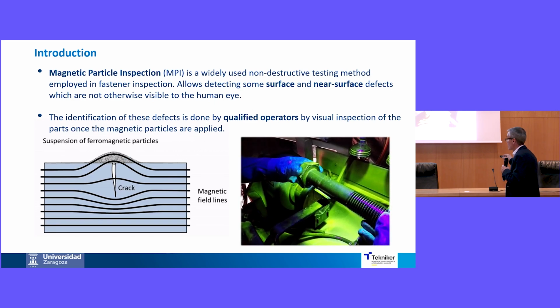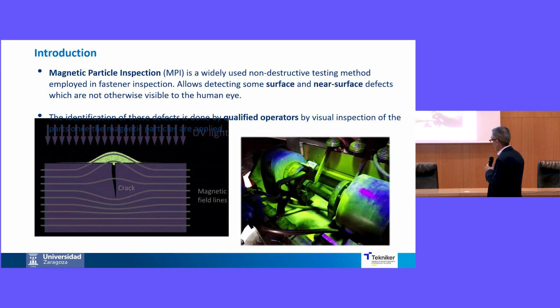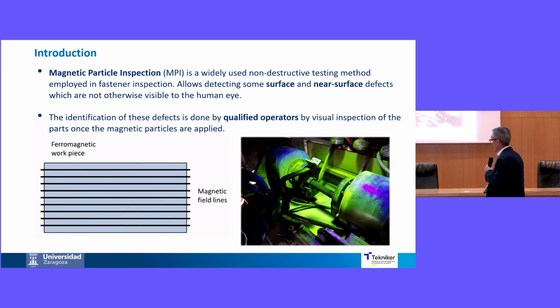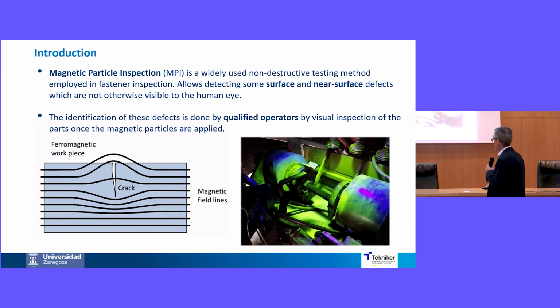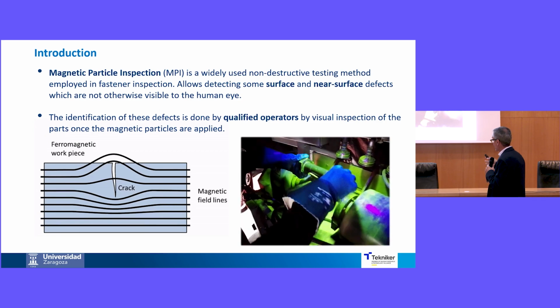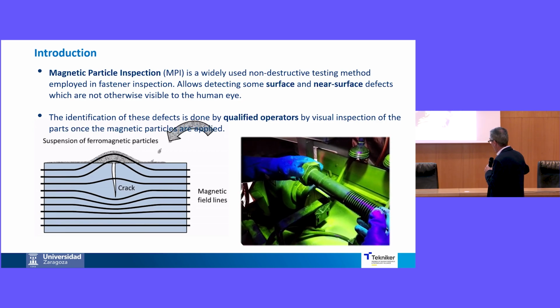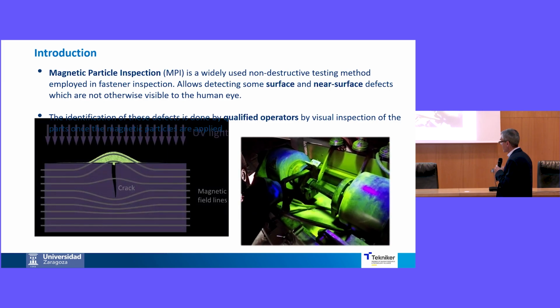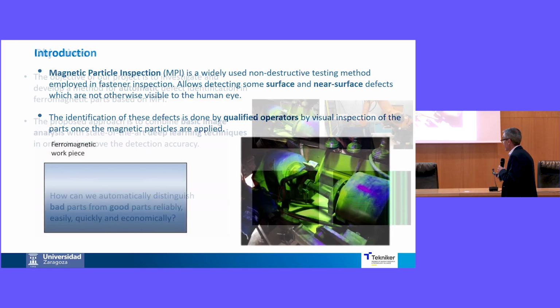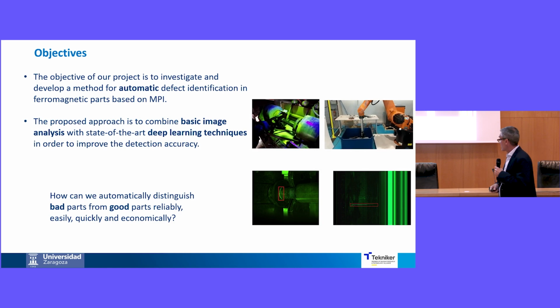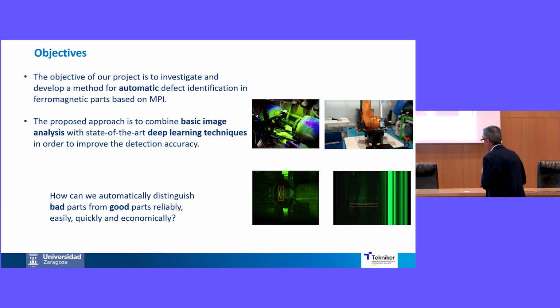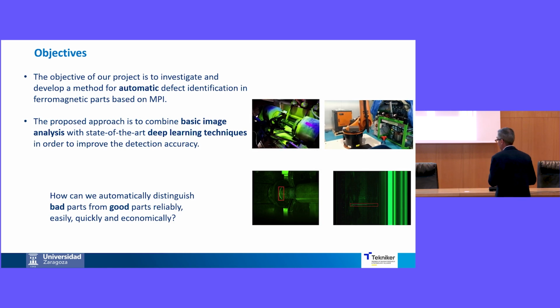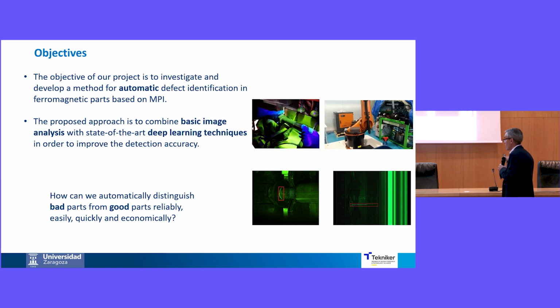We use suspended ferromagnetic particles and ultraviolet light, and you can see small cracks in the surface and even near the surface. So the objective of this PhD was to do that in an automatic way using computer vision and also deep learning techniques.